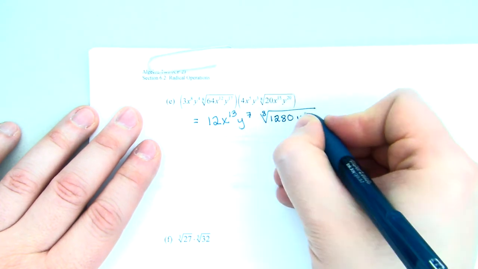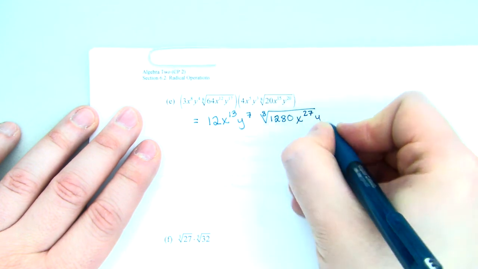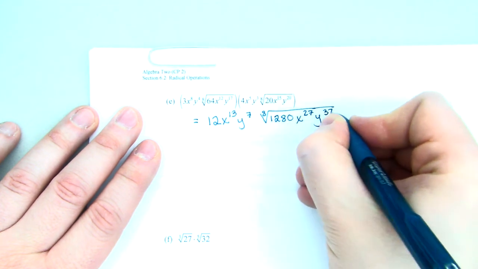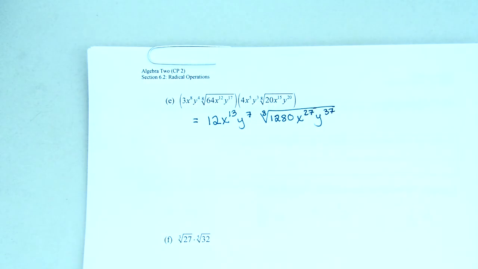Okay, x to the good, y to the good. Now this just becomes a simplifying problem. So take a few moments, go simplify that eighth root. And let's see what happens with these. Go quickly.